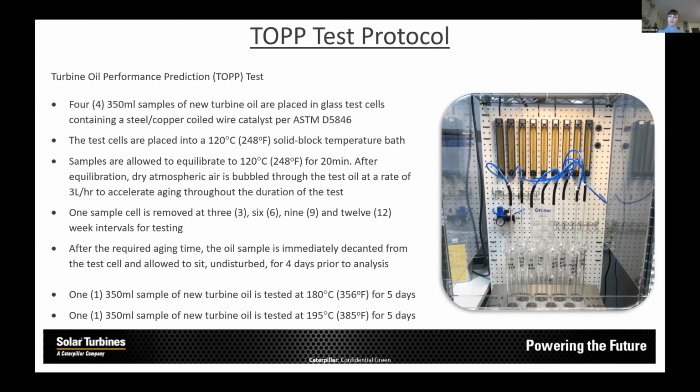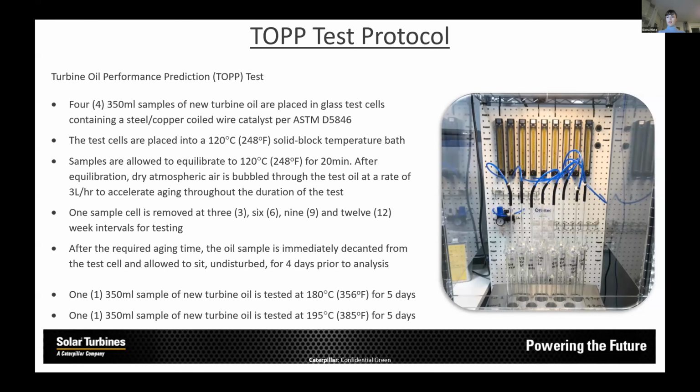One of the protocols that we are using is at 120 degrees Celsius. We start out with 4 samples of 350 milliliters that are placed in glass test cells, and steel and copper catalyst is inserted into the glass tube. This is placed there with the goal to rapidly age the oil or speed up the rate of degradation.